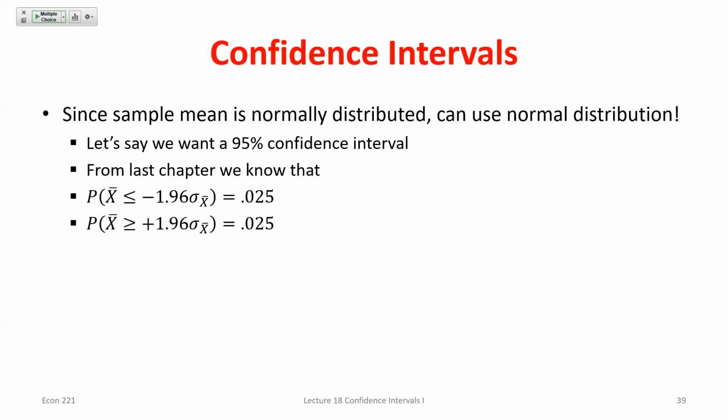So if I add 1.96 standard deviations back to that value, I'd be at a point on the other side of the mean. Anything within this range is less than 1.96 standard deviations below, so when I add 1.96 standard deviations to it, it's going to put me back on the other side of the population mean.